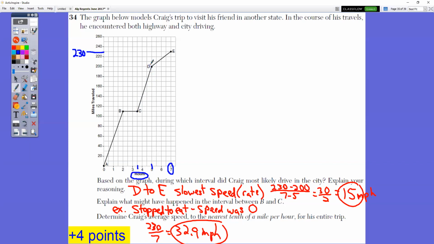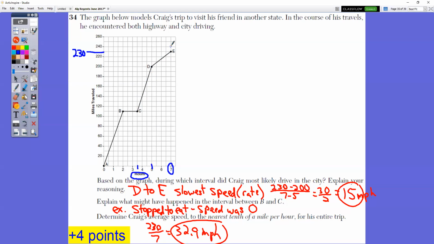Again, is that driving in the city? Is 90 miles the length of a city? No. So C to D doesn't make any sense. But here, 200 to 230. That's only traveling 30 miles, and that's over 2 hours. Could you drive around the city of Elmira and do 30 miles in 2 hours?